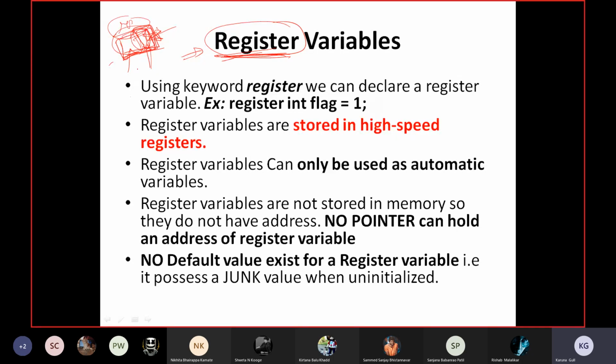If you write register int and then any variable name, similar to how you wrote auto there, this is the keyword that helps us define a register variable. It has very high speed memory because it is inside the microprocessor.